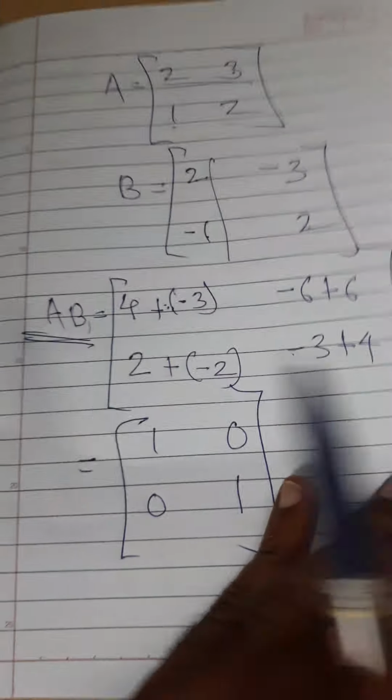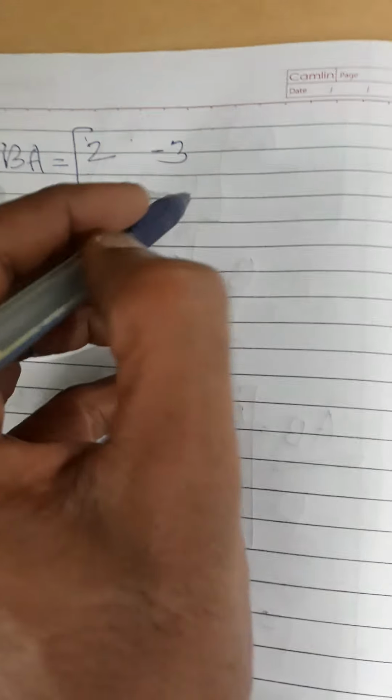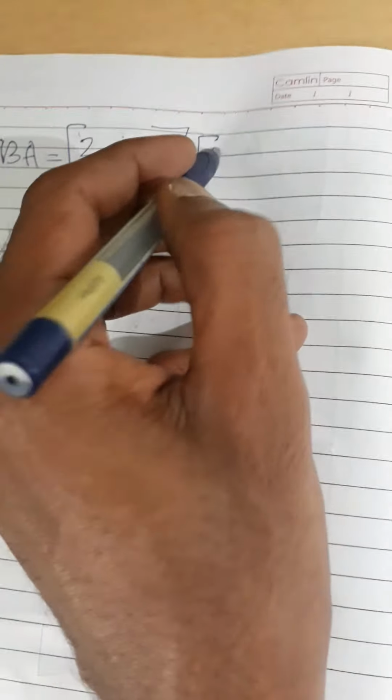Similarly, let us find the BA matrix. BA is [2, -3; -1, 2] into [2, 3; 1, 2].